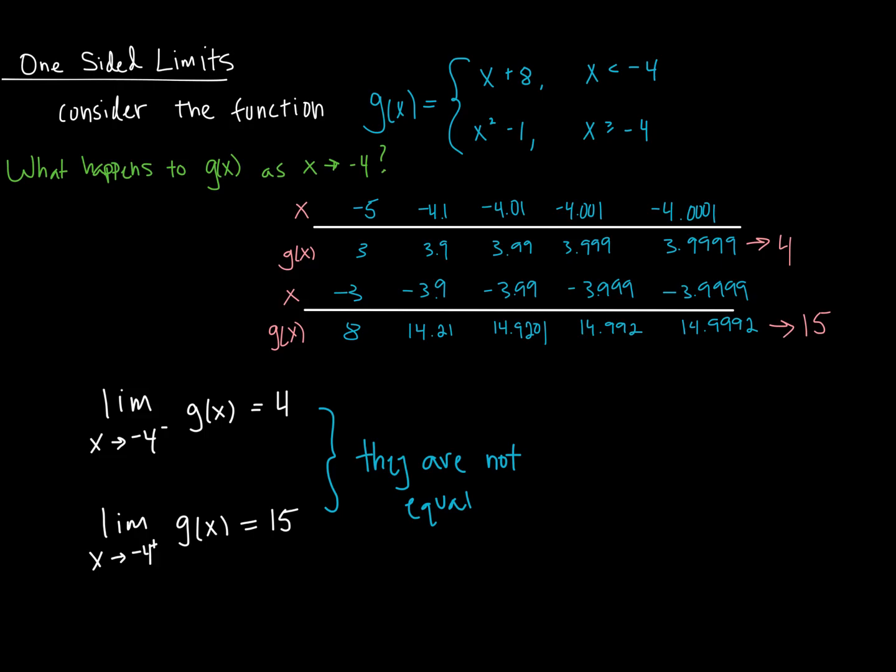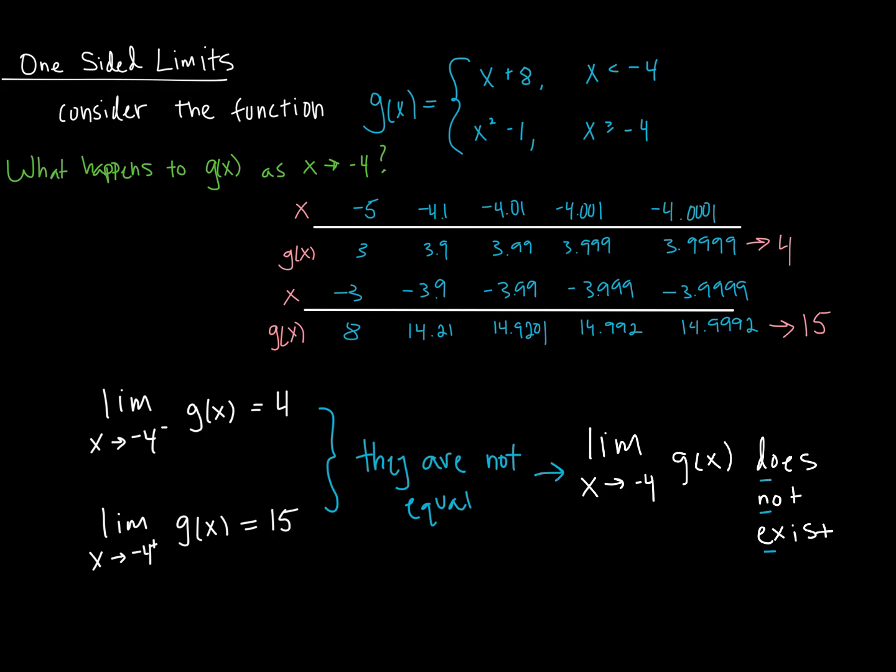And since they are not equal, this means that the limit as x approaches -4, the two-sided limit of g of x, well, this does not exist. And sometimes you can denote that as DNE. The limit as x approaches -4 from both sides does not exist. Why? Because it's approaching different values depending on the side you're on.